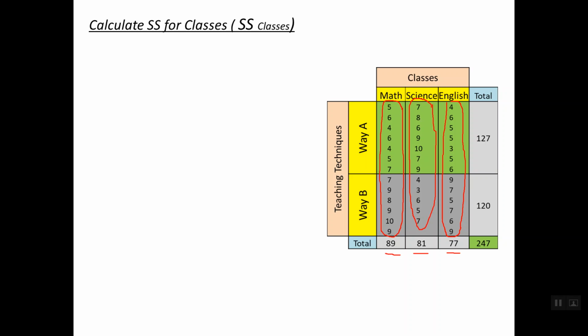Regarding the number of observations for the math, here we have 7, and here we have 6. So for the math, small n is equal to 7 plus 6, which is equal to 13. So these are the calculations needed for the first level of the second factor.